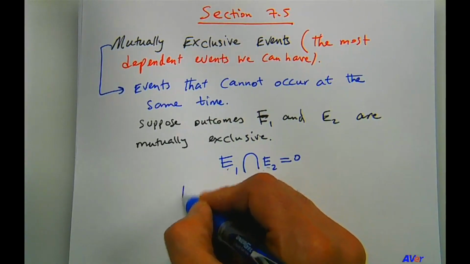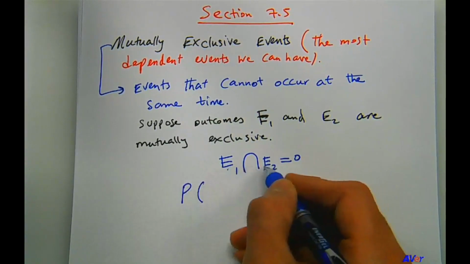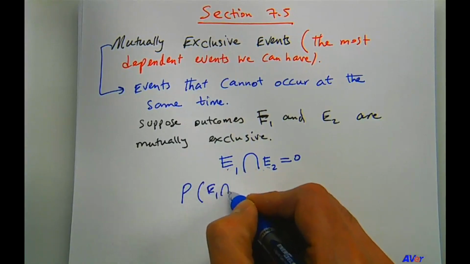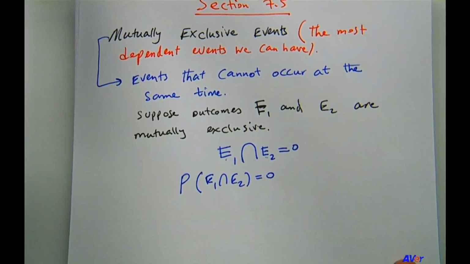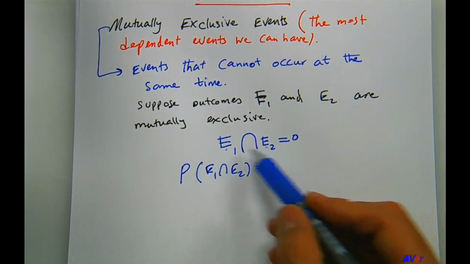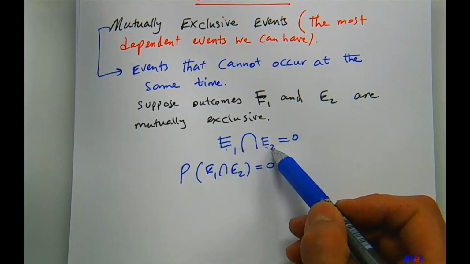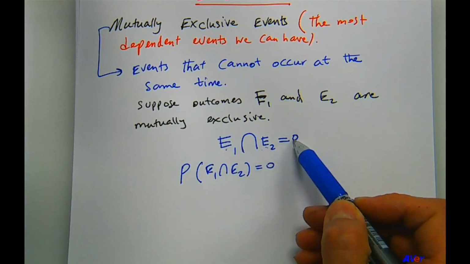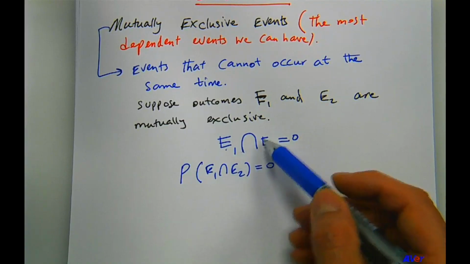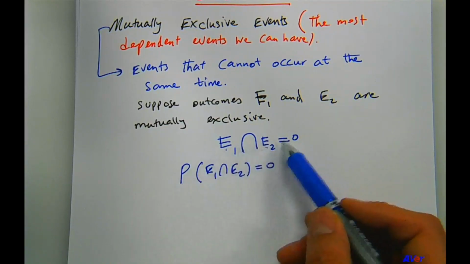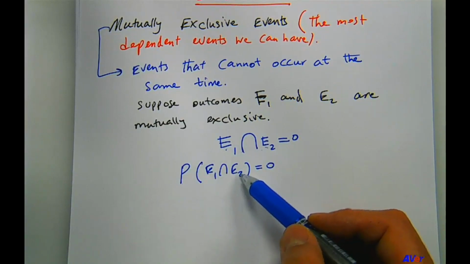How do we show that? The probability of that outcome is equal to 0 as well. This is just saying, what is the intersection of these two events? Nothing, 0. They have no overlap. They have no common element. And this says the probability of that outcome is 0.